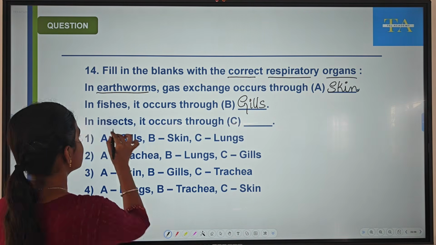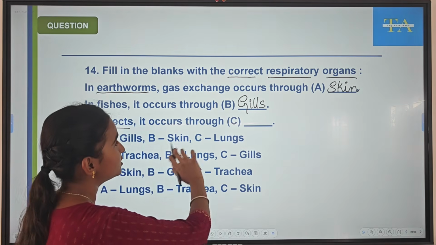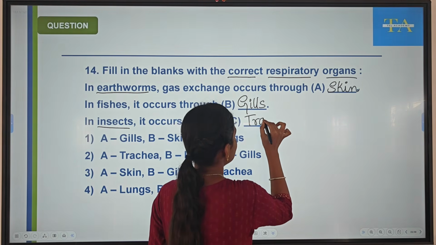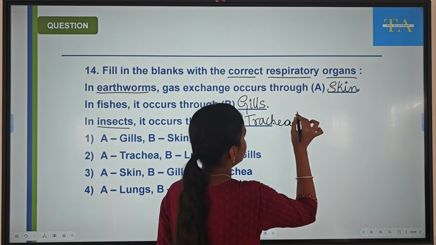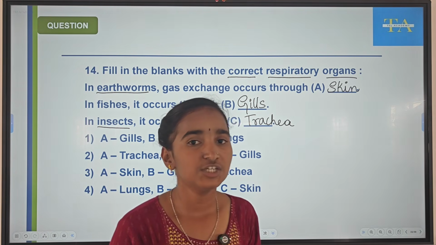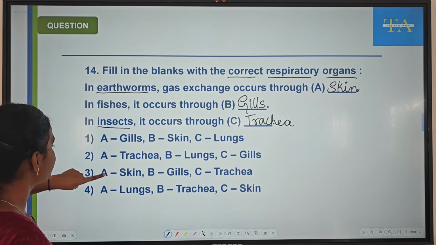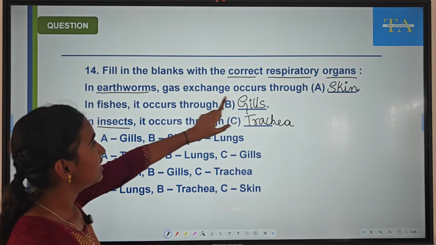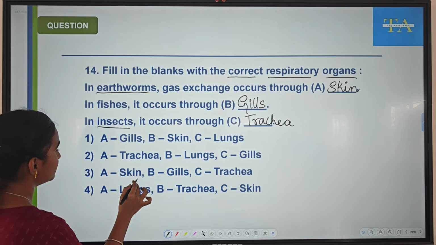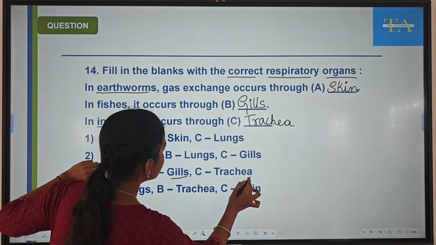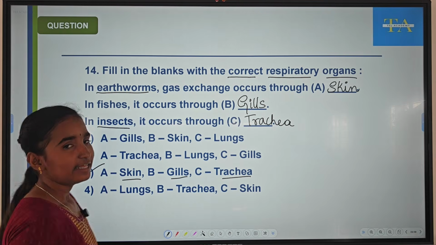In insects, respiration occurs through what? Trachea. These are the different structures through which respiration occurs in these organisms. We'll see the right match. For A, it should be skin. Here we have for A, skin, then fishes, gills, and insects, trachea. This is our right option.